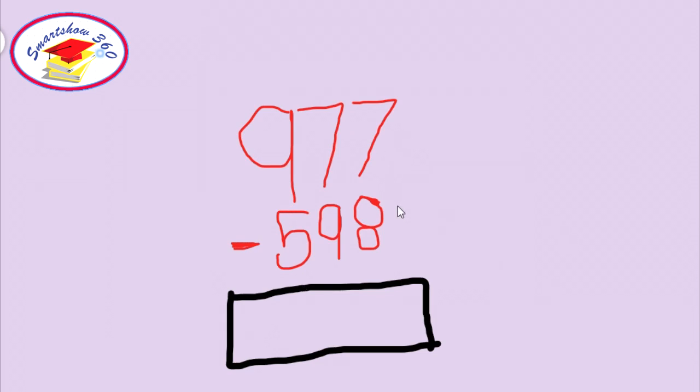First, 7 minus 8. Can you subtract 7 from 8? Yes, but subtracting 8 from 7? It is not possible. So what we do? We cut it like this and put 17 above, because we borrow a tens from here. So then you have to put 6 here.